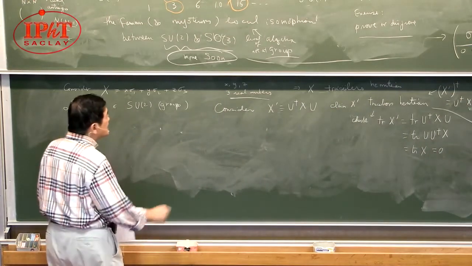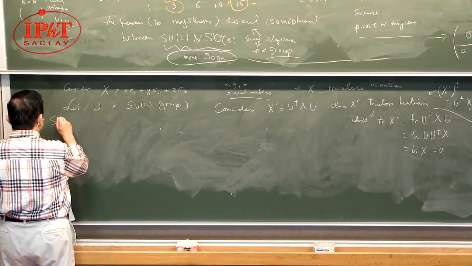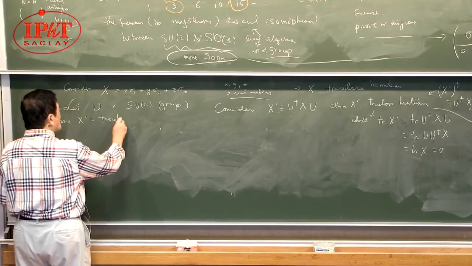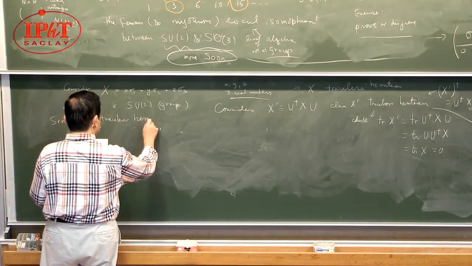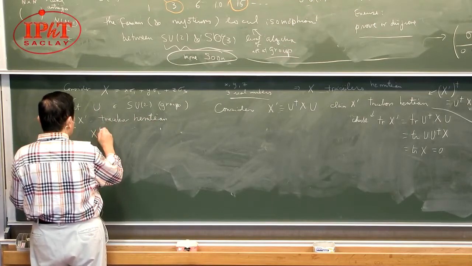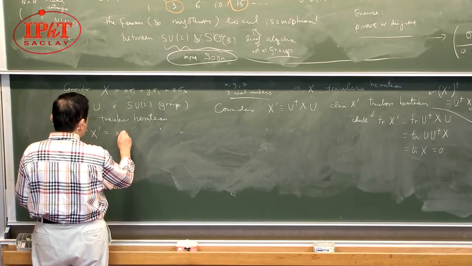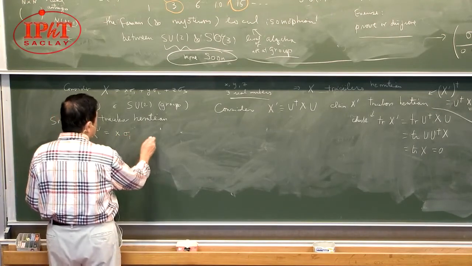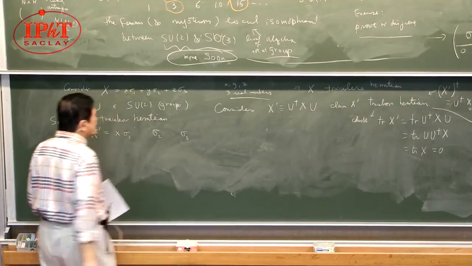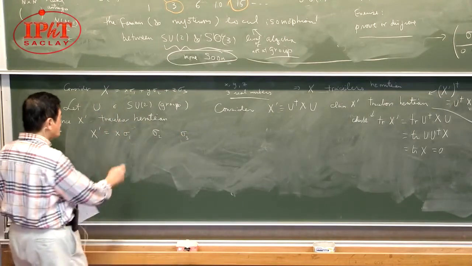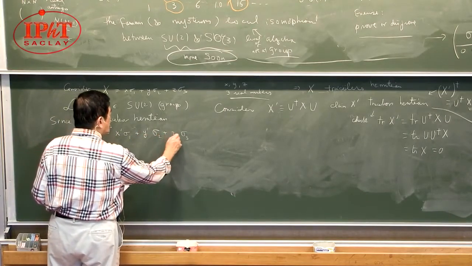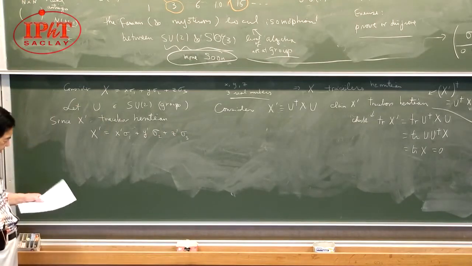Okay, now since X prime is traceless Hermitian, it can also be written as a linear combination of the Pauli matrices, because we know that the Pauli matrices are the complete set of traceless Hermitian 2 by 2 matrices with coefficients, 3 real numbers, X prime, Y prime, and Z prime.